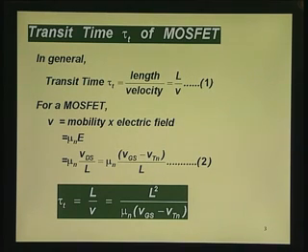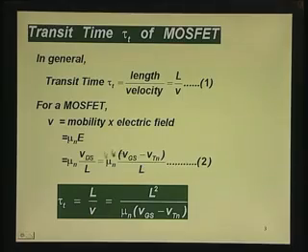Now, the other parameter that we were discussing was the transit time. The transit time is defined as the length divided by velocity. We have also gone through this in detail. Now, it so turns out that the velocity is proportional to the electric field, the product of mobility and electric field, and electric field is the drain to source voltage divided by the length, that is, the voltage drop across the channel divided by the length.